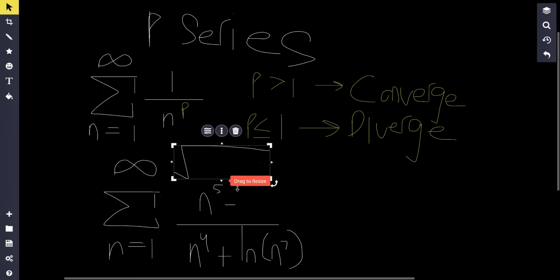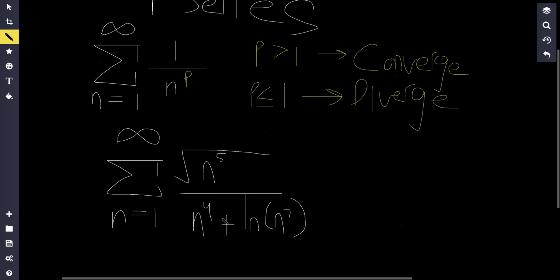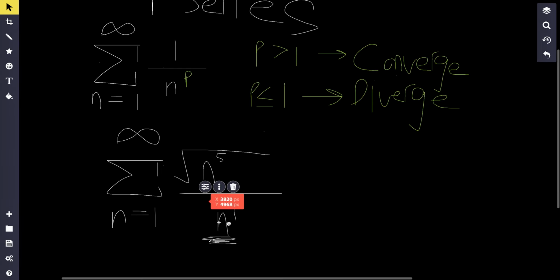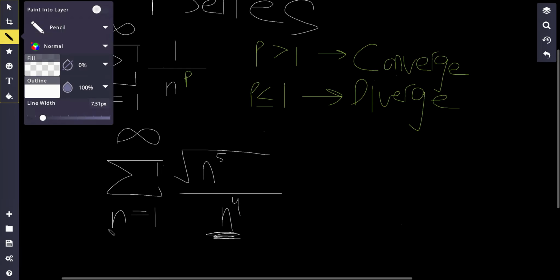And for my n to the fourth and this plus ln of n to the seventh, when you have a polynomial, polynomials always grow faster than logarithmic functions if you're dealing with infinity, right? As n approaches a very, very large number, polynomials always outgrow logarithmic. So we can just ignore this logarithmic term here, okay? It's the same thing you do with limits, the shortcut for it, right? Just focus on the biggest terms.